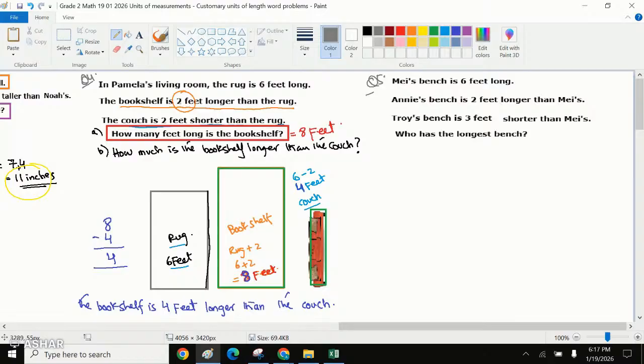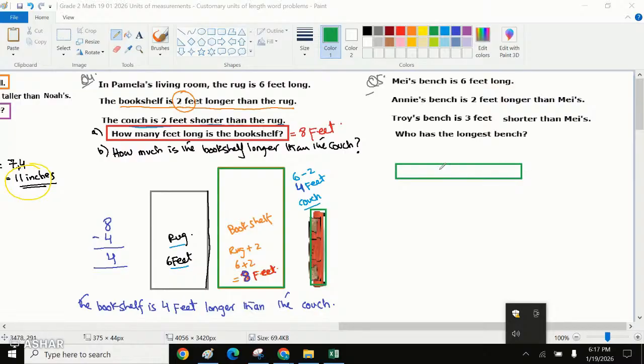May's bench is 6 feet long. Annie's bench is 2 feet longer than May's, right? Troy's bench is 3 feet shorter than May's, right? So we make a standard over here. We make a bench, okay? If this is the starting point, we say this is May's, and this is 6 feet long.